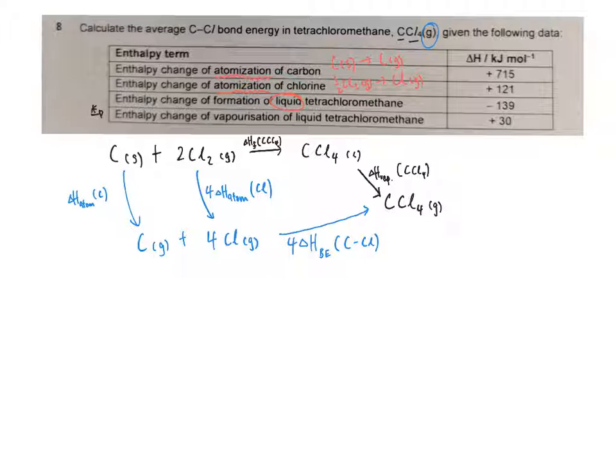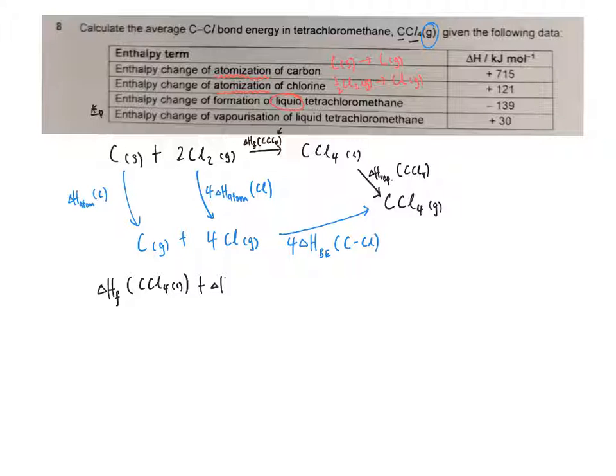Cool. So now all that's left is to put this in a cycle and we are good to go. Just make sure that we've taken care of all the signs, and we have. So I'm going to write this. Delta H formation of CCl4 liquid. In fact, I should have put that there, right over here. So please mind that.